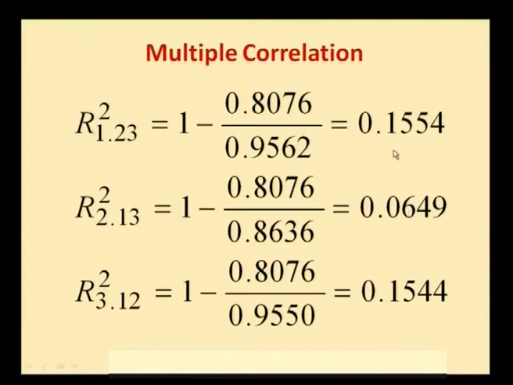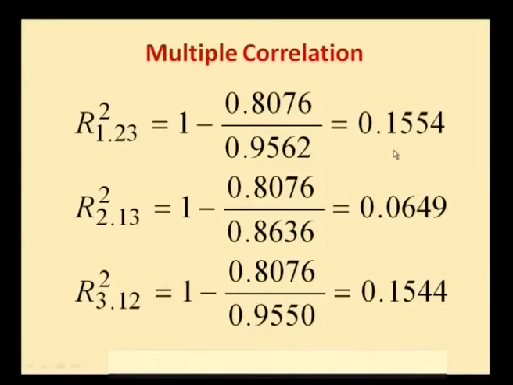The interpretation is quite similar to simple correlation. We would like to have the strength more or less close to 1, a thick correlation, that means a strong relationship between the given set of variables. The idea is different because here it is a joint effect, but the numerical interpretation is somewhat similar to simple correlation.